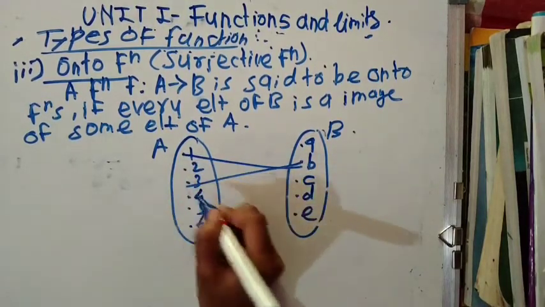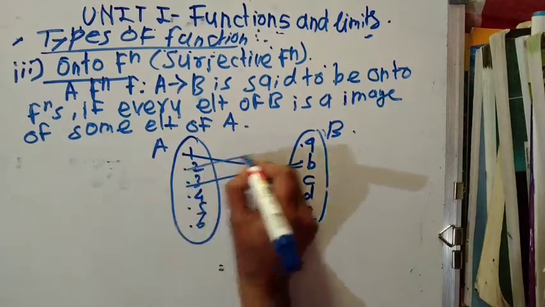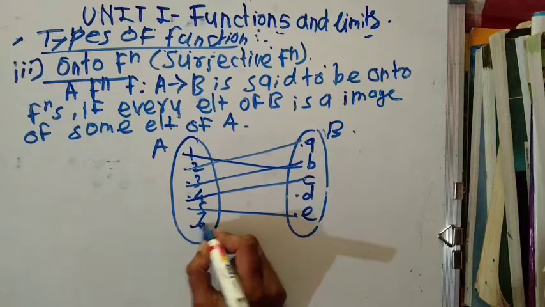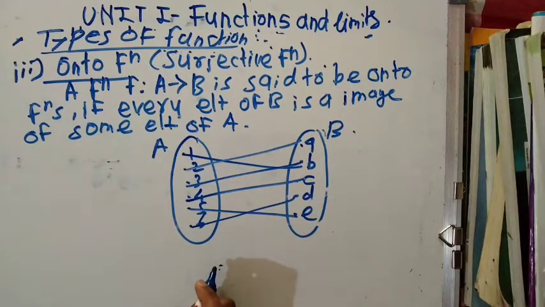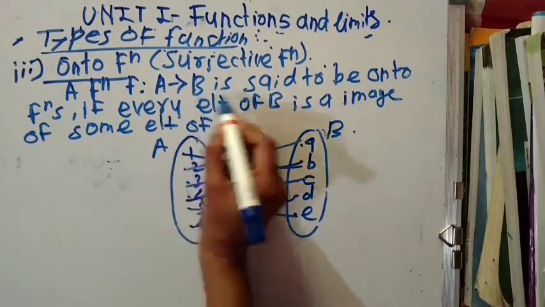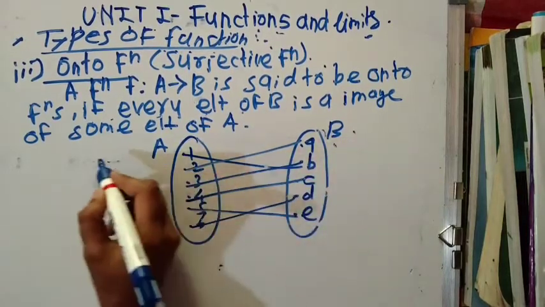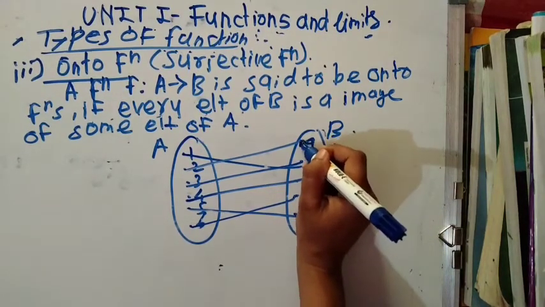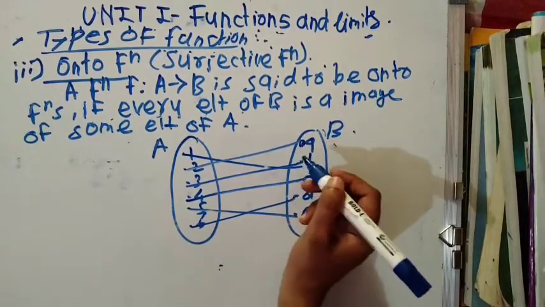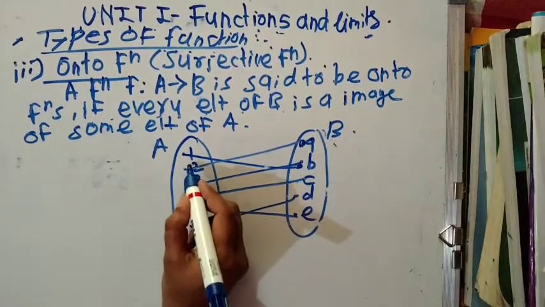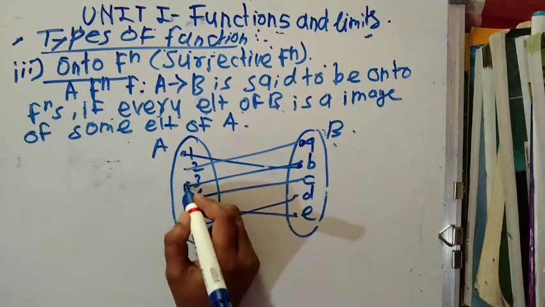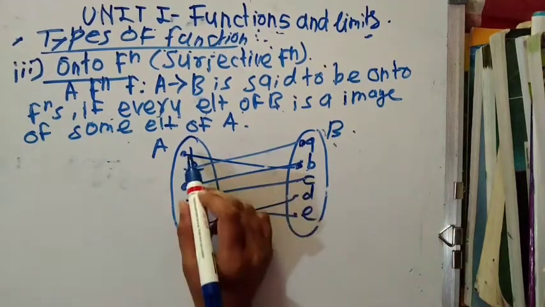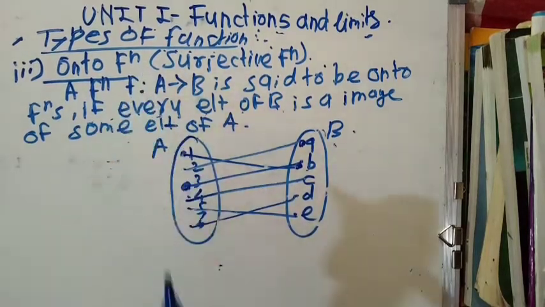Now 1 is joined to b and 3 also, 2 to a, 4 to c, 5 to e, 6 to d. It is said to be an onto function if every element of B is the image of some element of A. Suppose b is an element of B and it is the image of some element of A. Here b is the image of these two elements. So if one element of B is attached to two elements, it is an onto function.